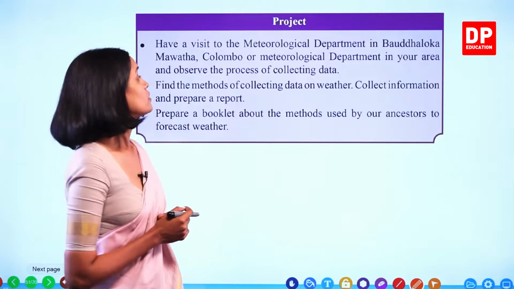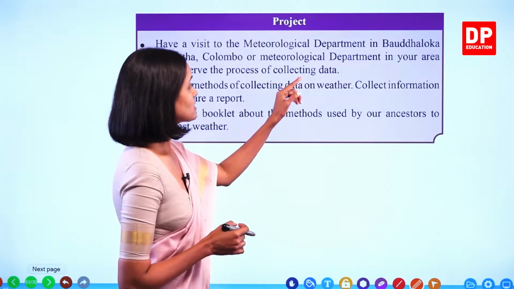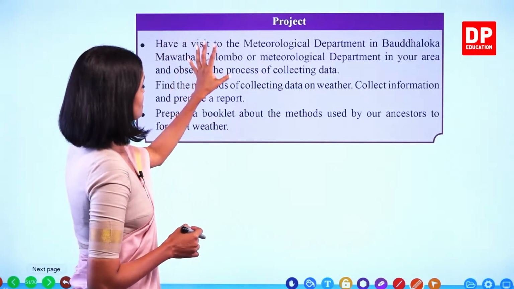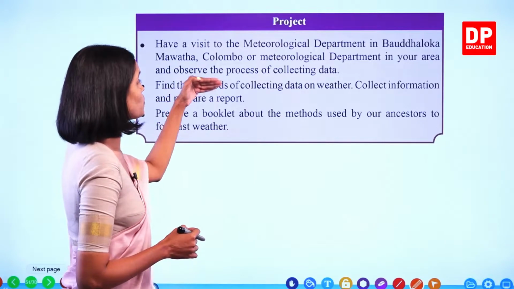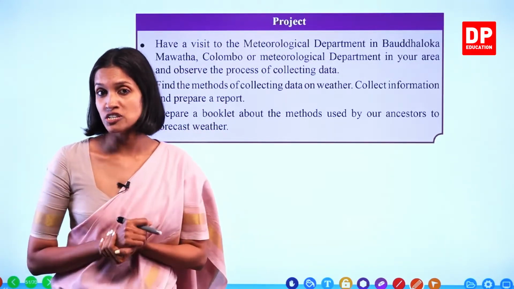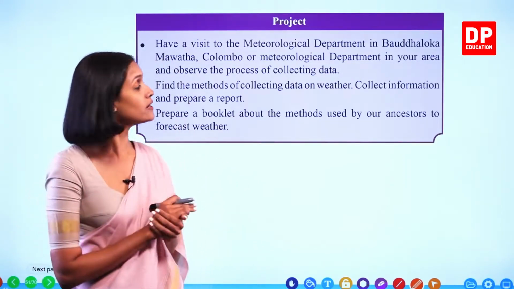Right, children? Find the methods of collecting data on weather. Collect information and prepare a report. After visiting these places, you can find more information. They will provide you leaflets on other information as well. So you can make your own booklet on weather and climate, right?